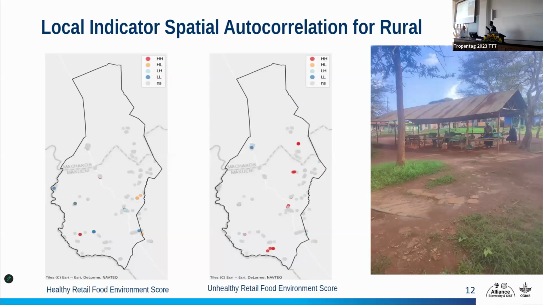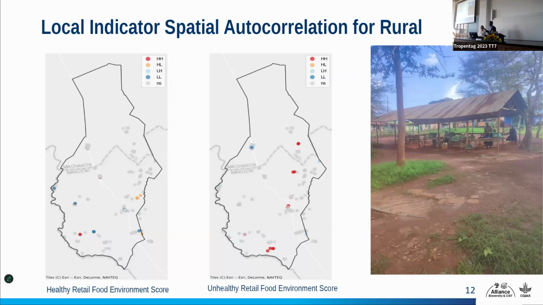But then if you look at the concentration, this is important to see within the extensive food environment area, which areas will you most likely find healthy, which areas will you most find unhealthy food groups. Here, you actually find that HH, which is high concentration of healthy food groups, is less for healthy than the unhealthy.